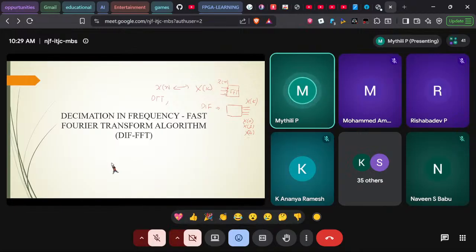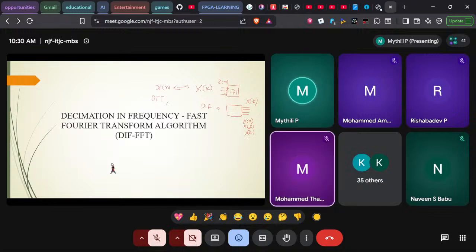Every even sample will be chosen first. Otherwise, the algorithm is the same. When I say same, I don't mean the computation is the same, but the outcome is the same. This is the decimation in frequency FFT algorithm.